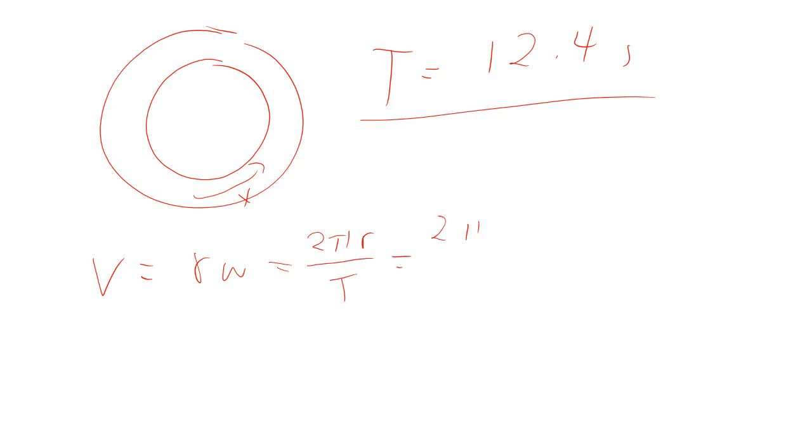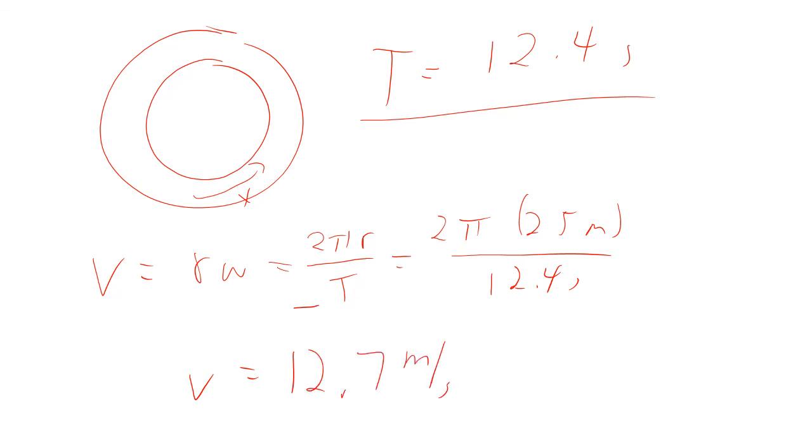So in this case, that's 2 pi times 25 meters divided by 12.4 seconds. So that would be 12.7 meters per second is how fast the edge is actually moving.